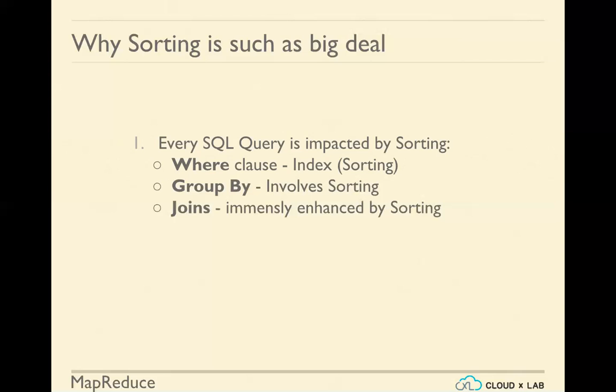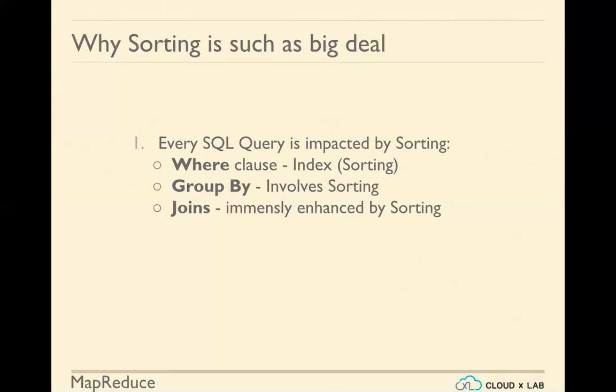Joins. What is a join? We take one table of data and another table of data, and wherever the values match, we bring those records together. That's called joining. Joining is immensely enhanced if the sorting algorithm of the database is great.